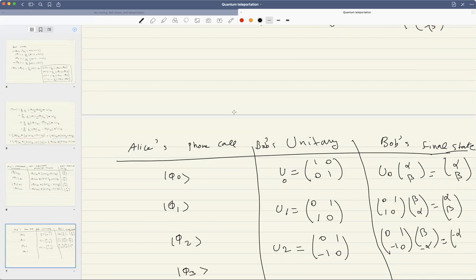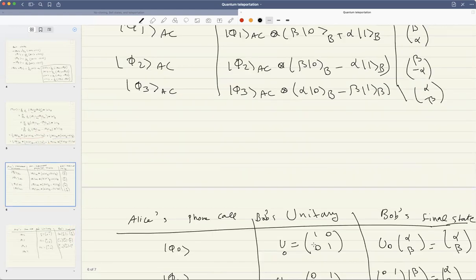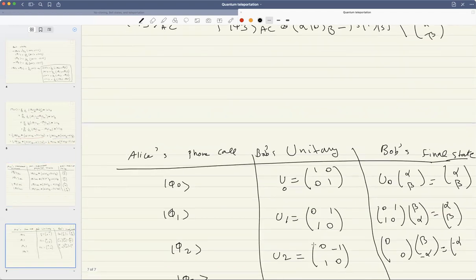What if I want to fix the phase? Well, I just put a different unitary here. Put the minus 1 over here. This is beta minus alpha. So then it gives me alpha beta.